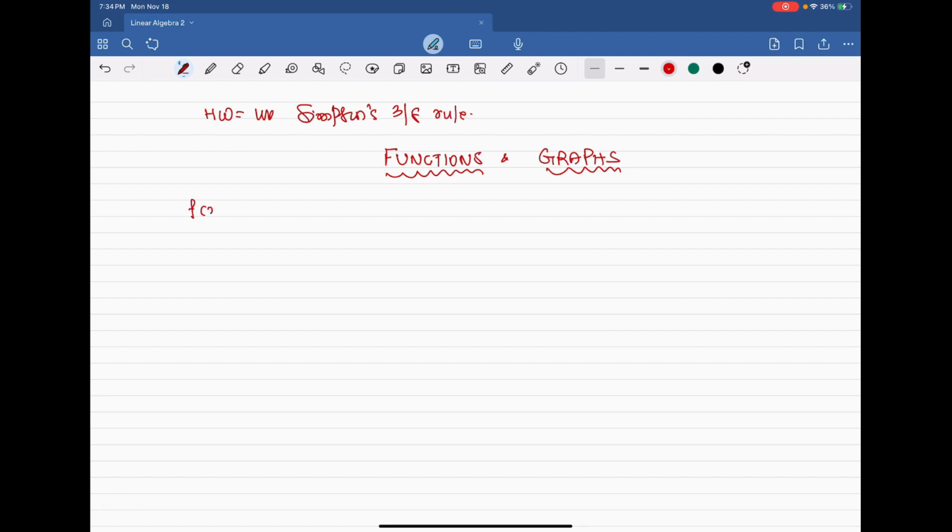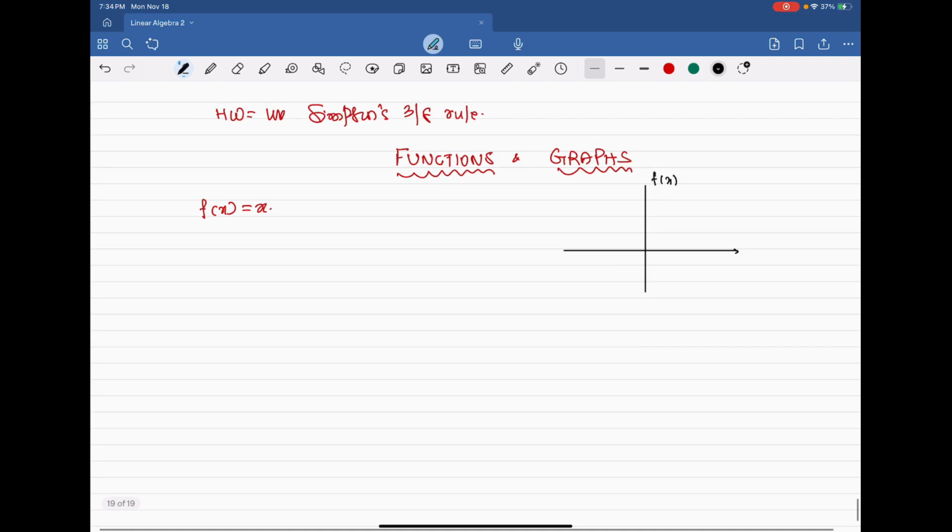Function x is equal to x. What does it mean? Let us draw it. It is an xy axis. Function x is taken on the y axis, and x is taken on the x axis.